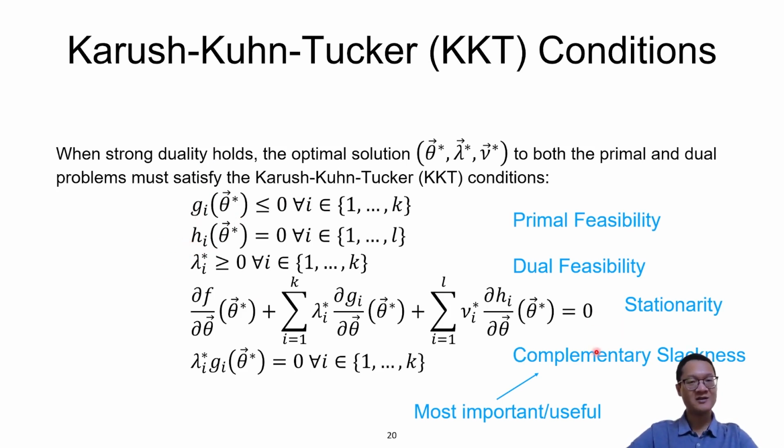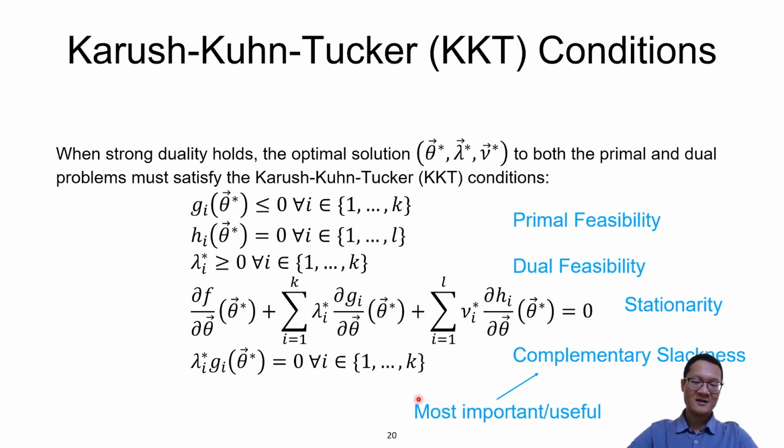So all this is saying is that both the primal and dual problems satisfy the constraints. Next, we have stationarity, which says that the generalized Lagrangian function must evaluate to 0 when we take its gradient. Basically this is partial f partial theta, plus this sum with partial gi partial theta, and then plus this sum with partial hi partial theta. This whole thing is just the gradient with respect to theta of the generalized Lagrangian. When we plug in the optimal solution, lambda star, theta star, and nu star, we should get 0.